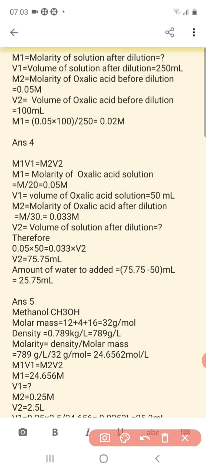On solving this, we get V2 as 75.75 ml. Here this is not completely divided, because 1 upon 30 will be equal to 0.033. If you utilize the molarity in the form of a fraction, you will get the volume V2 as exactly 75 ml.